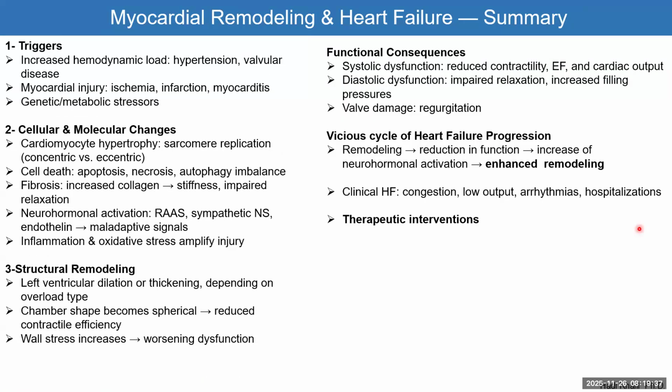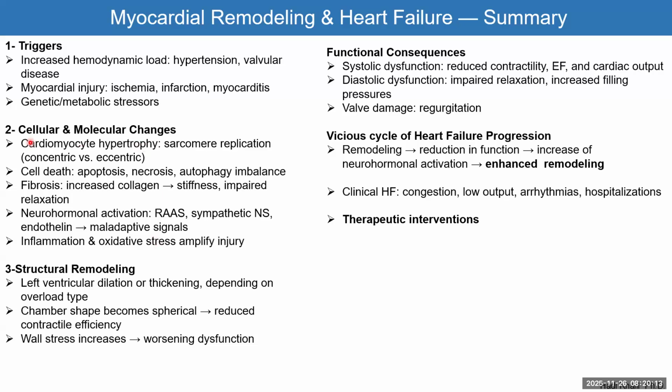Okay, which brings us to a summary of all we have discussed so far about the heart. No matter what the triggers are, you name it: hypertension, valvular diseases, ischemia, infarction, myocarditis, infection, mutations, this will cause cellular and molecular changes that we just described and could be sensed by different systems such as the RAS, sympathetic, parasympathetic.